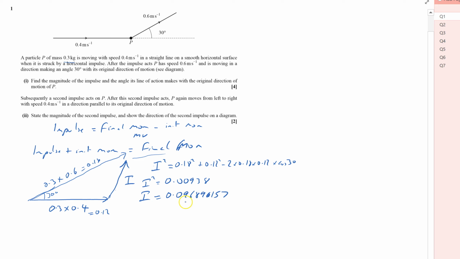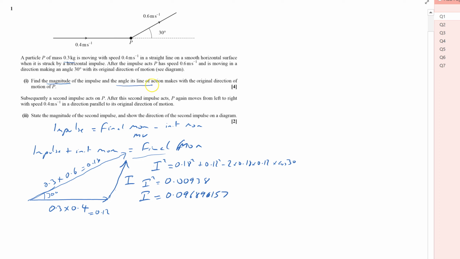It doesn't seem very much, but then again we've got 0.12 here, and now we've drawn a diagram. It does seem reasonable, even from our diagram, that it's a little bit less than 0.12, and indeed it is. So we've got to check, because we've done a rough scale here. I've worked out the magnitude of the impulse.